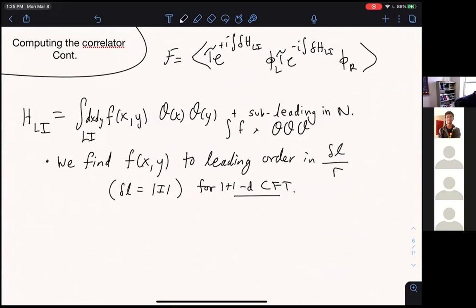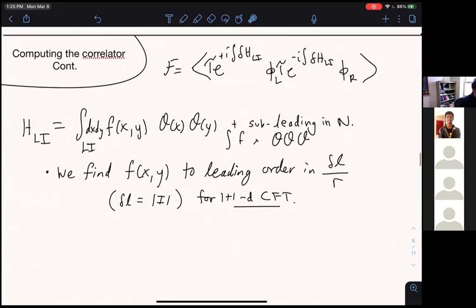So we have some theory, and we're trying to compute HLI. What you would expect is that to leading order in N, the contributions to HLI are given by the lowest dimension operators in your theory. They should be the dominant contributions. In particular, in this small delta L over R limit, this expansion will have terms that are higher order in delta L over R, but the leading thing should be set by the dimensions of these operators.